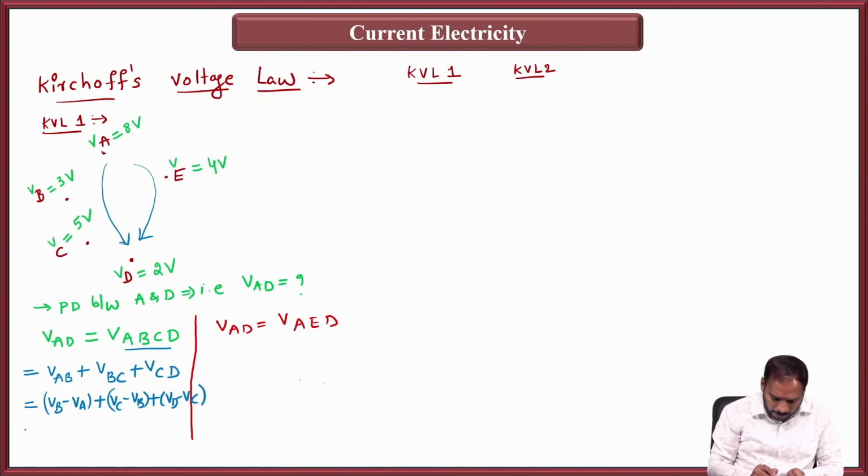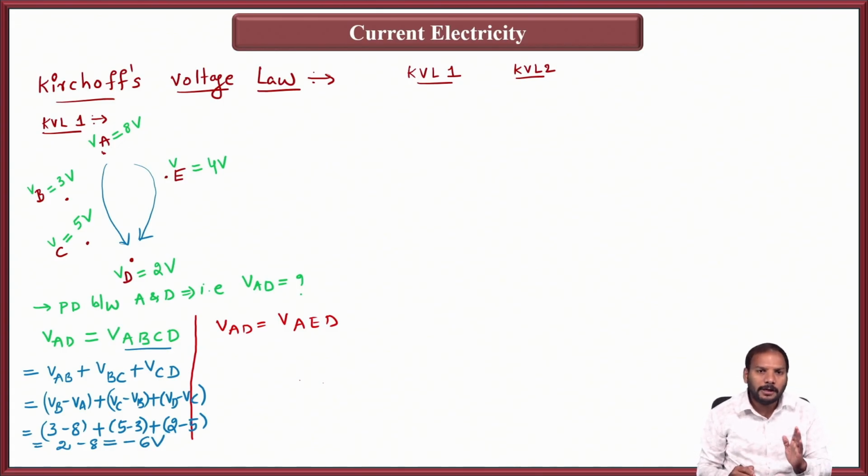Substituting the potentials: 3 minus 8 plus 5 minus 3 plus 2 minus 5. The remaining terms cancel, giving 2 minus 8, which is minus 6 volts.